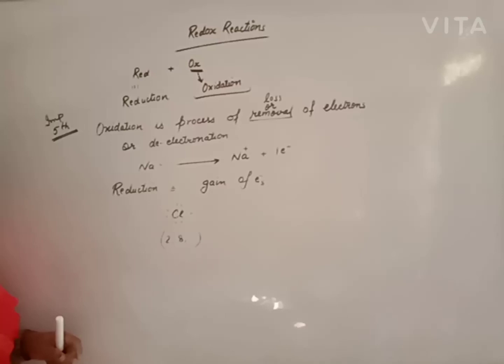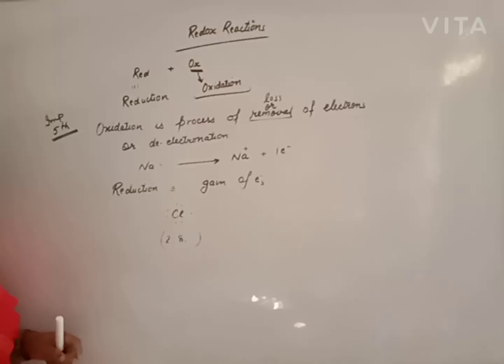Loss of chlorine takes place from here, that means loss of electronegative atom. Loss of electronegative atom is known as reduction. And this electronegative atom will be added to the metal, so it will gain an electronegative atom. Gain of electronegative atom is oxidation.